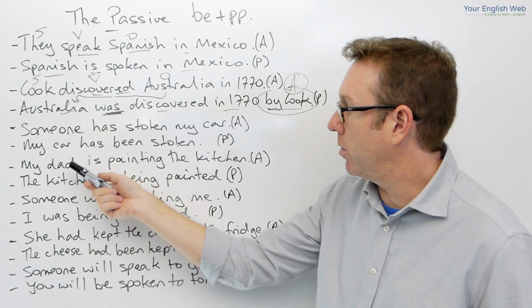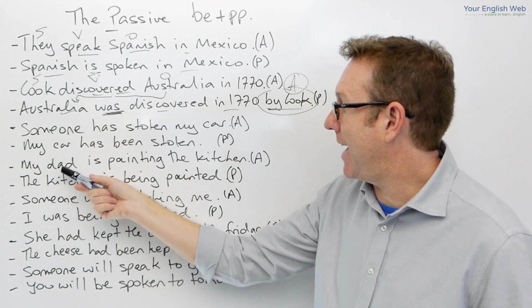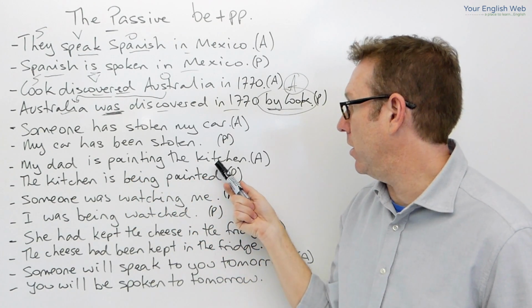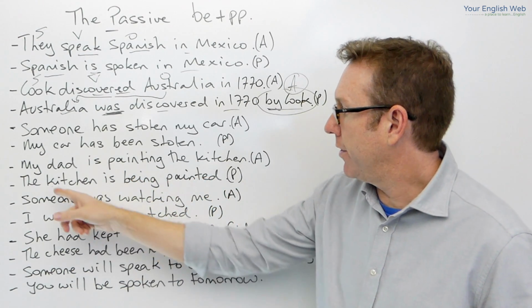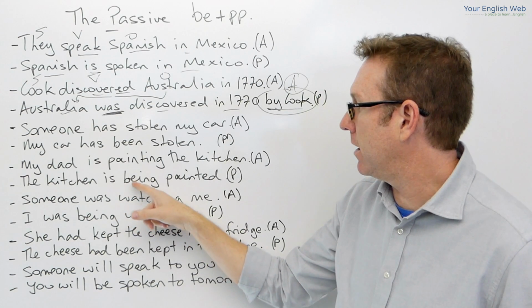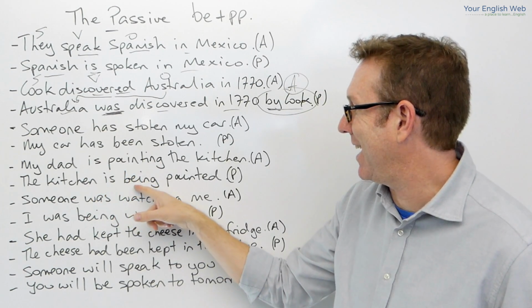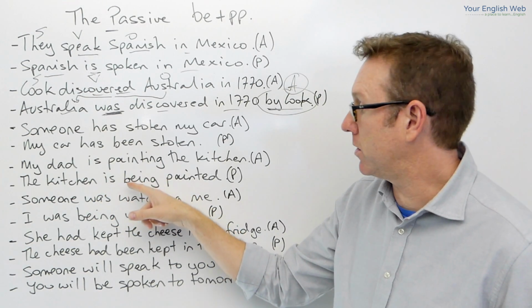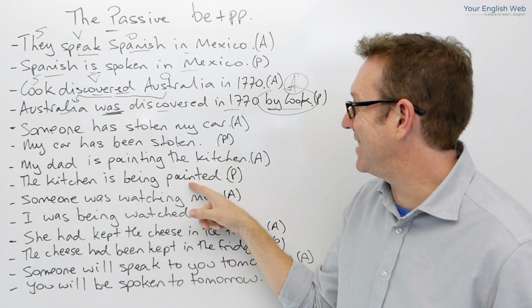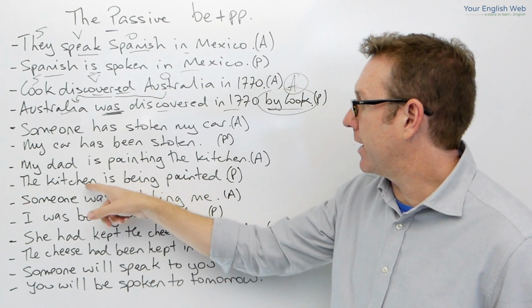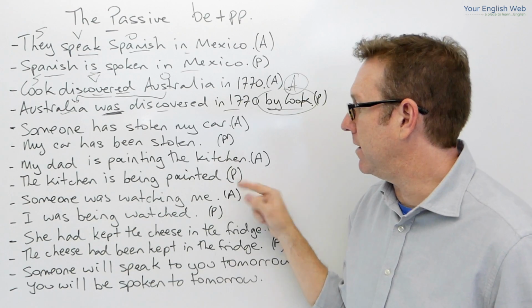The next example, continuous. My dad is painting the kitchen, okay? Active, the kitchen is being painted, okay? Continuous, passive.